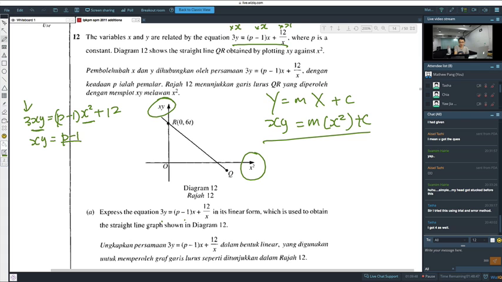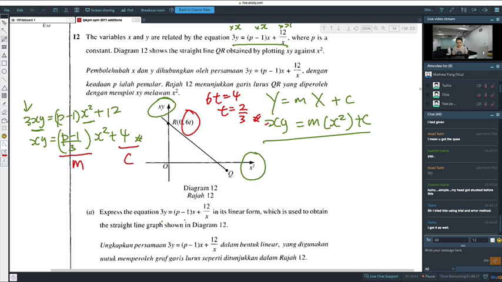It becomes p minus 1 over 3 x squared plus 4. Done. So my m is p minus 1 over 3, and my vertical intercept in this case will be 4. This one is my vertical intercept, isn't it? So 6t equals 4, t equals 2 over 3.